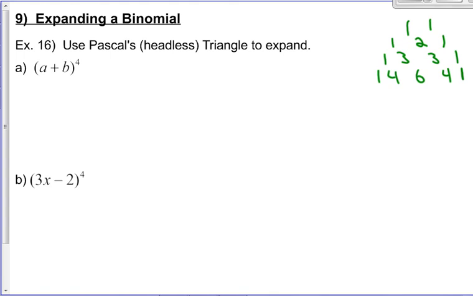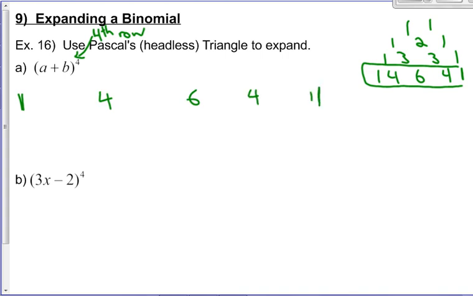I write the coefficients from the 4th row of Pascal's headless triangle. Okay? So that would be this one right here. If you're using Pascal's real triangle, that's the 5th row. So it's 1, 4, 6, 4, 1. Okay? And I'm going to put a plus in between them.